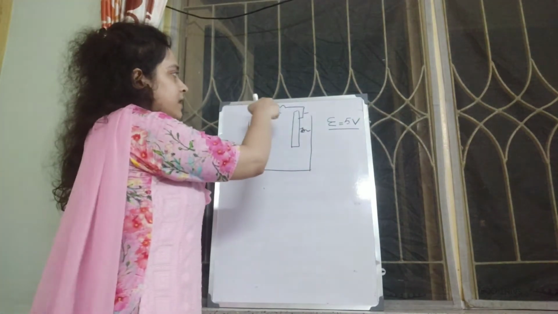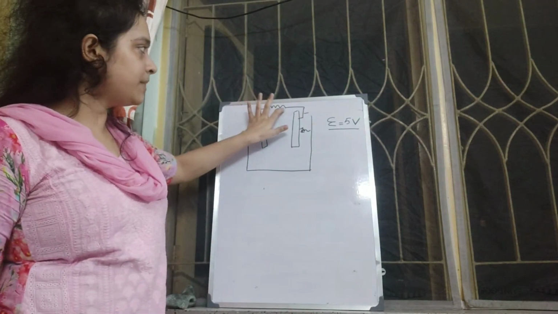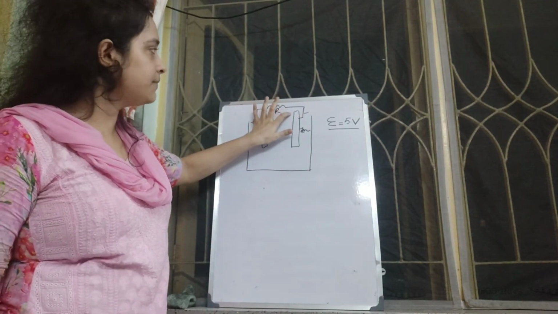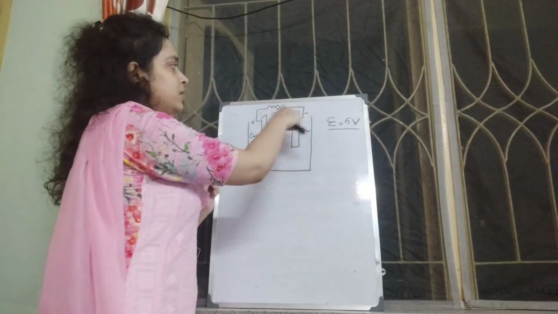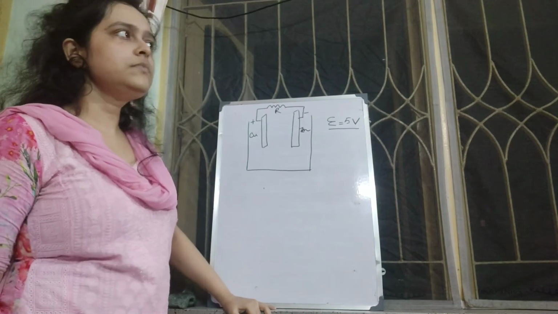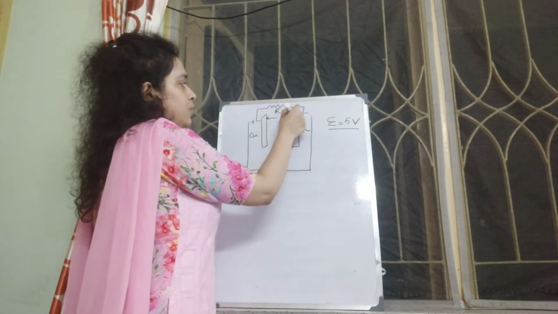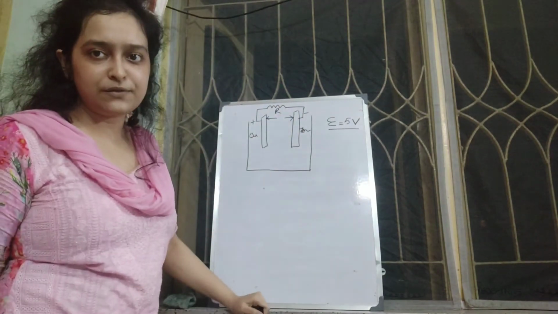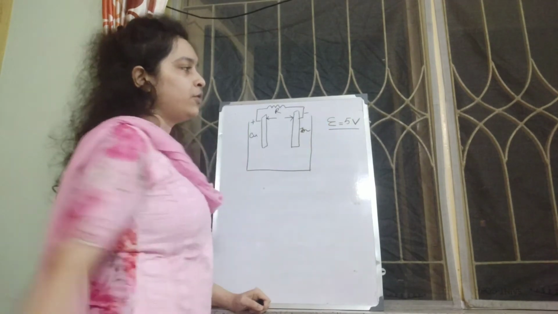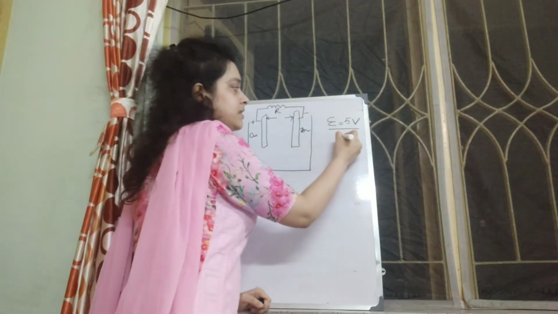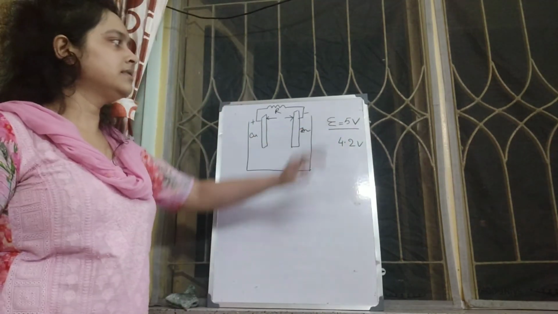Now suppose you have attached an external resistance. I hope you remember the symbol, we have done it in Class 9. Suppose you have attached an external resistance across the two terminals of the cell. You will find now that the potential difference between the two electrodes is not coming to 5 volt. Instead, say 4.2 volt, less than this.